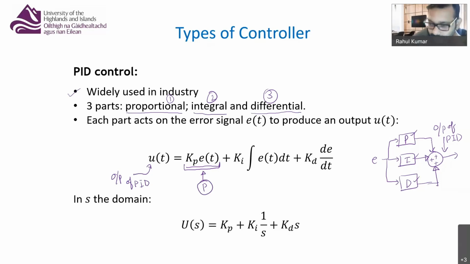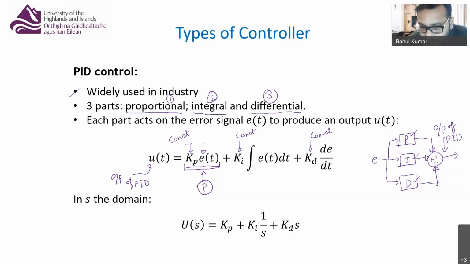From the name proportional, you can see the output is proportional to the error signal. Kp is a constant, similarly Ki is a constant, and Kd is another constant. So the output of the proportional controller is proportional to the error signal.